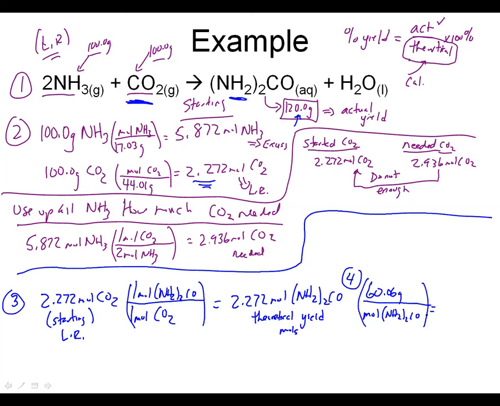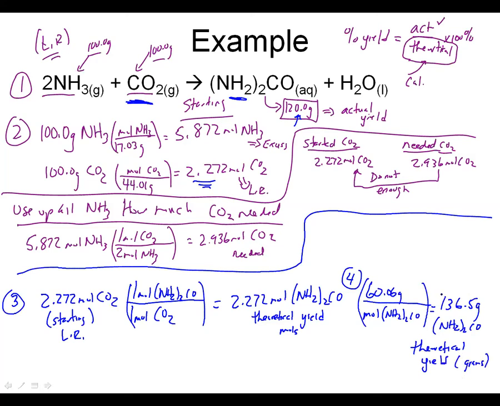If I take 60.06 times 2.272, that gets us 136.5 grams of our product. And this is our theoretical yield in grams.